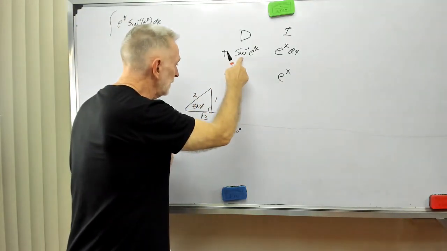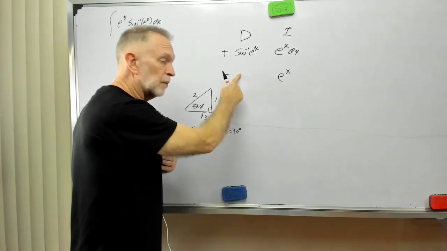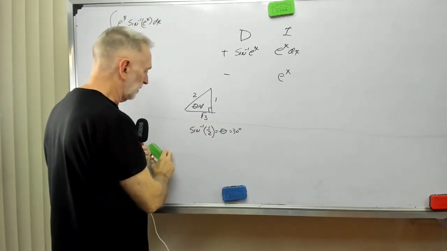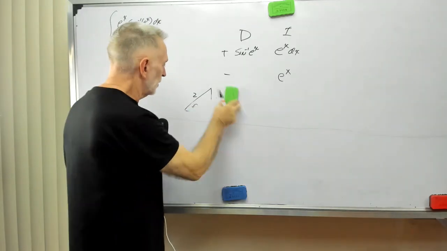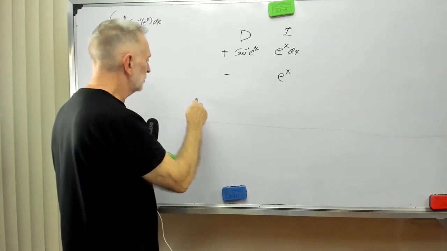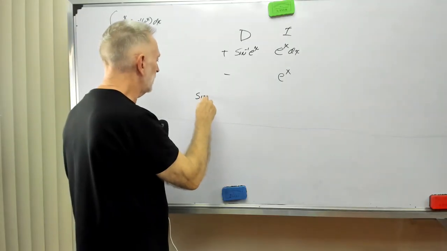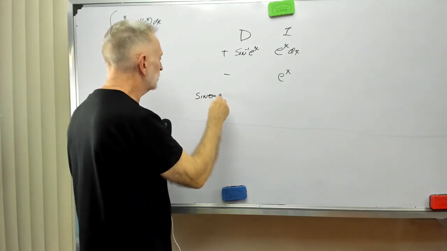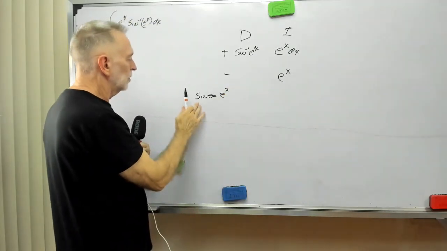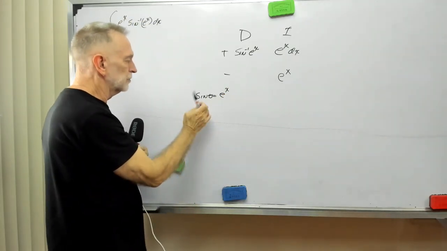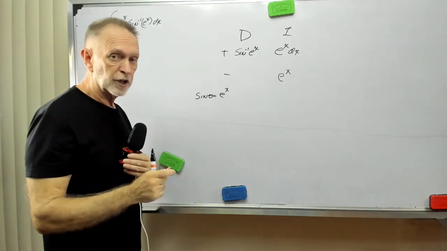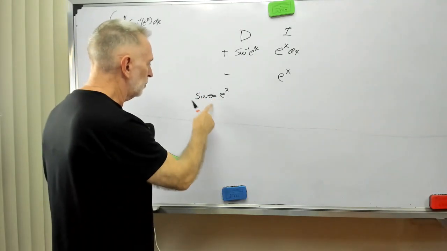If that's theta, I need to come up with an equation for d theta. So let's think about that. Well, this implies that sine theta equals e to the x over 1. I can take the derivative of this, outside function, inside function, using a chain rule, and I can end up with a d theta.